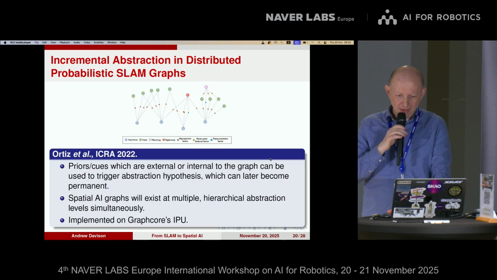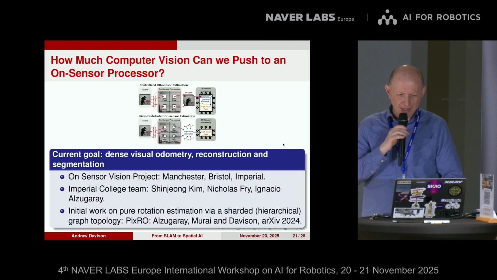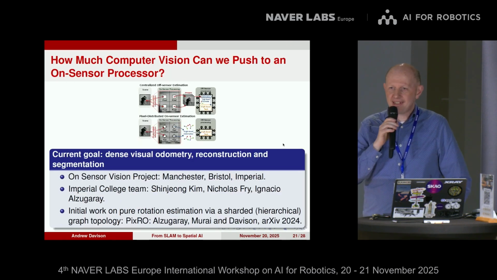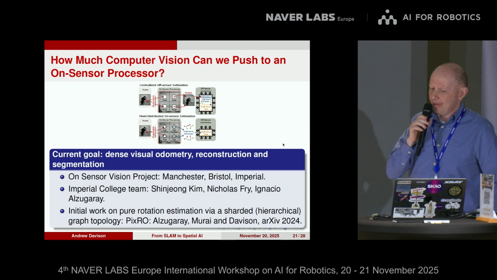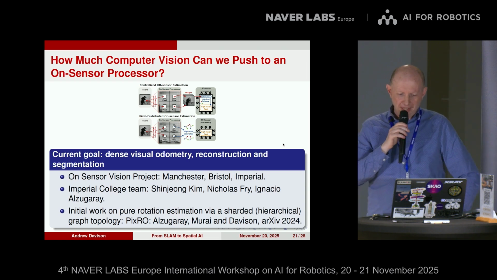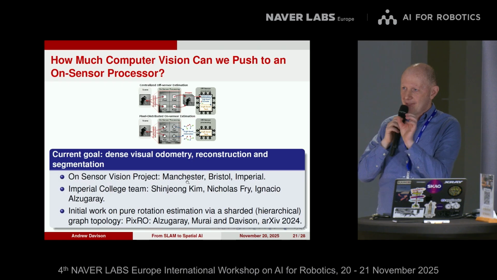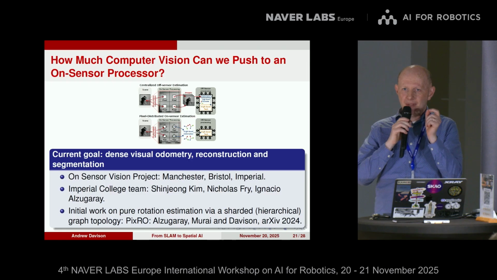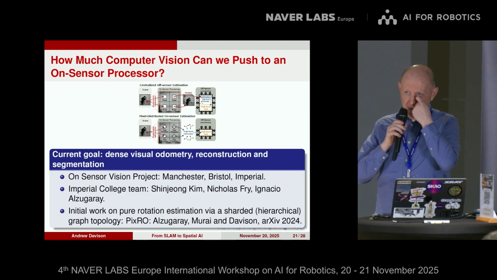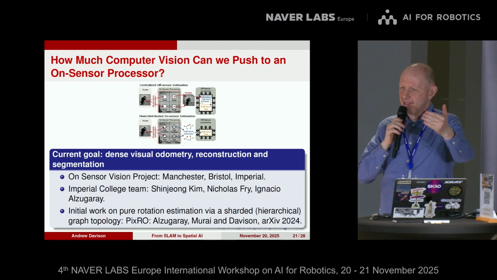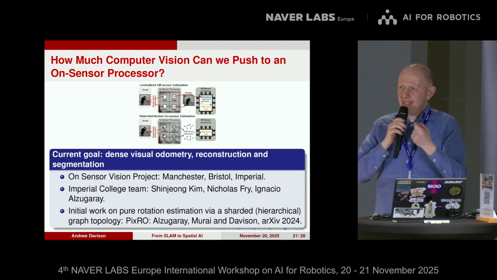The most recent thing we're working on in this sort of area is on-sensor vision. So this is actually a collaboration with a couple of other universities in the UK, especially the University of Manchester, where they have these prototypes of vision chips that have processing built in. So it's like an array of pixels where every pixel has a little processor built into it, the ability to receive light and then do some computation, exchange information with its neighbors.